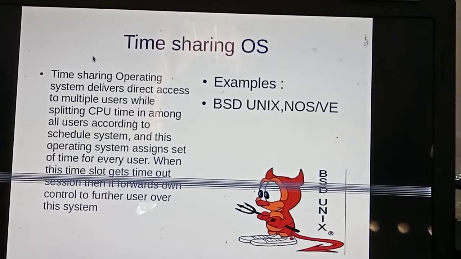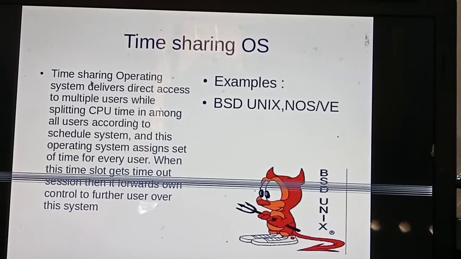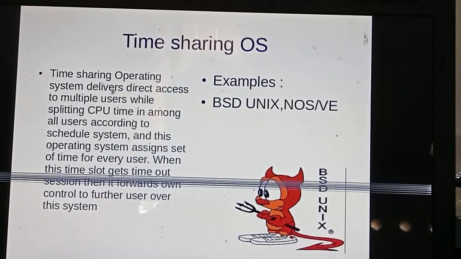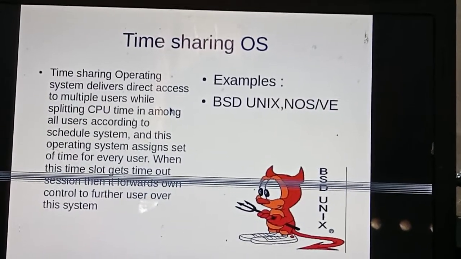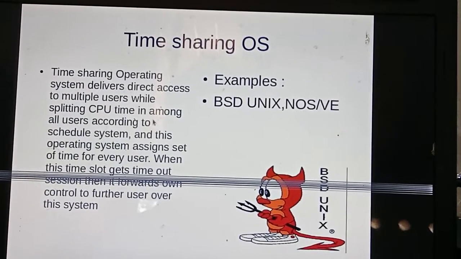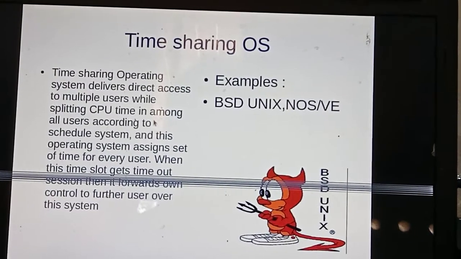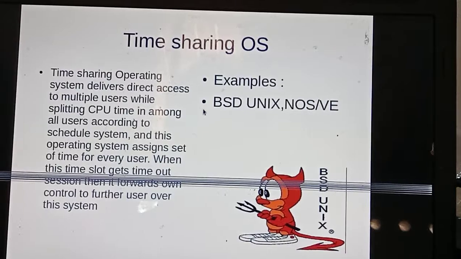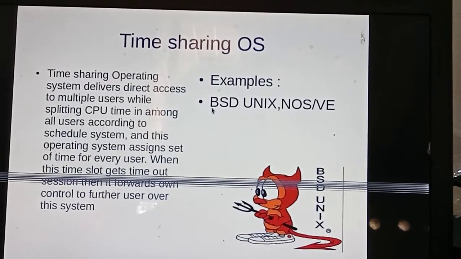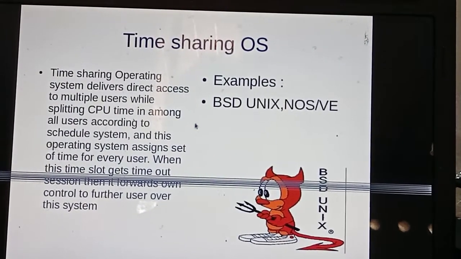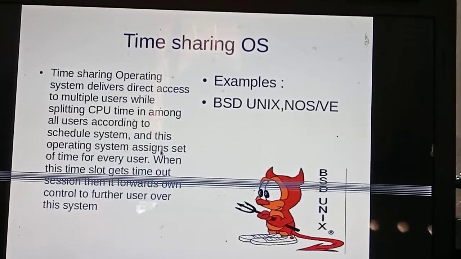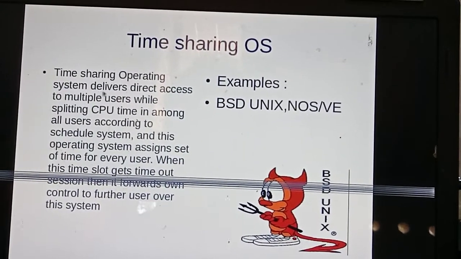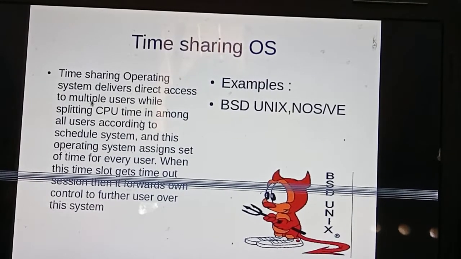That is, in the first 2 seconds the first user can get the processor. In the second 2 to 4 seconds, the second user can use the system. Then in the 4th to 6th second, this is only an example, another user can get the processor. That is, the time sharing operating system delivers direct access to multiple users.